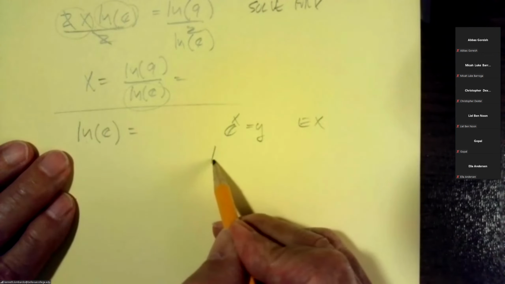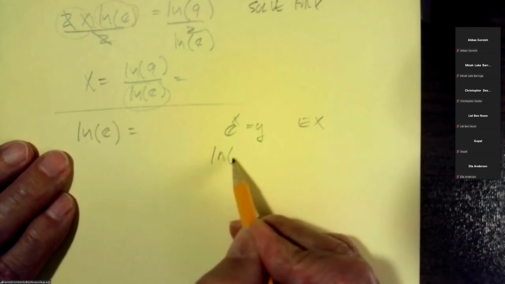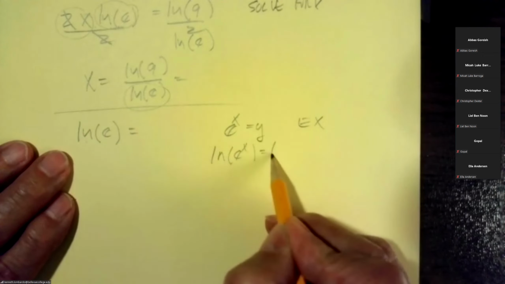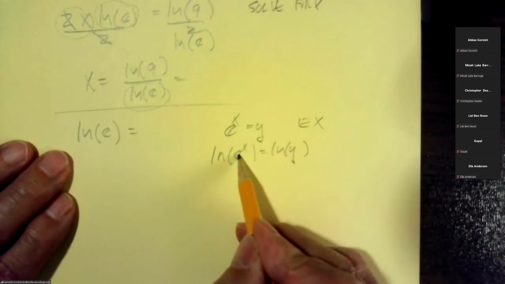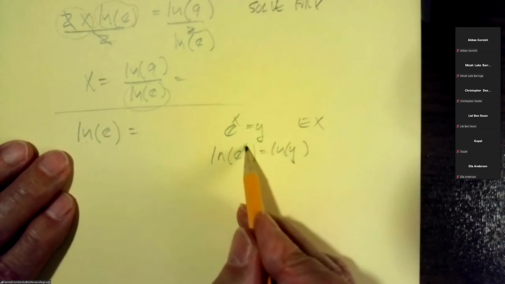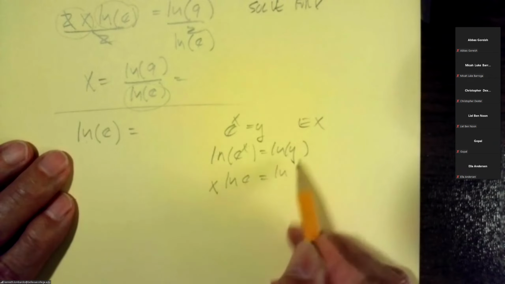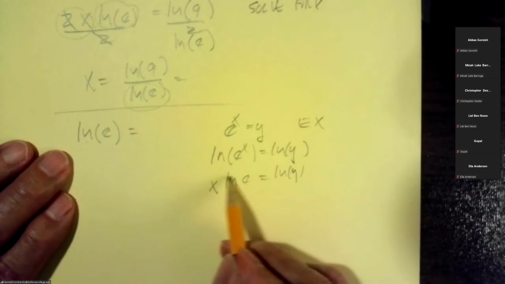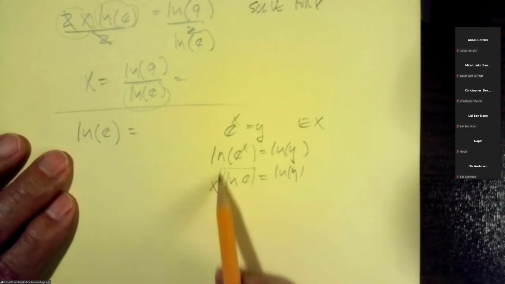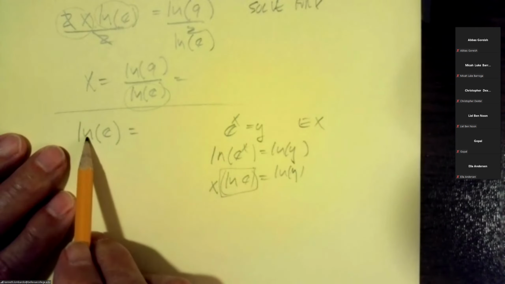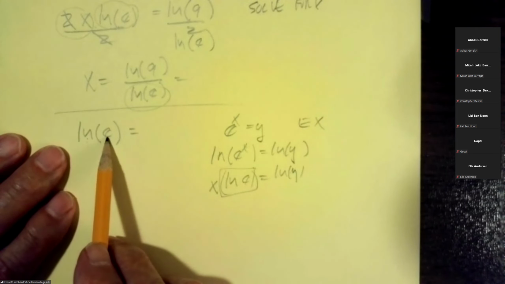And if I take the ln of both sides, ln of e to the x equals ln of y, then on the left side I've got x ln e equals ln y. And again, we get back to what is the log base e of e.